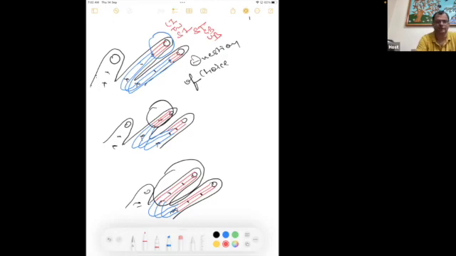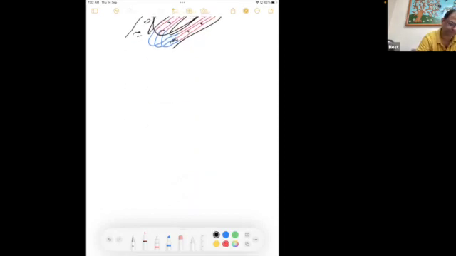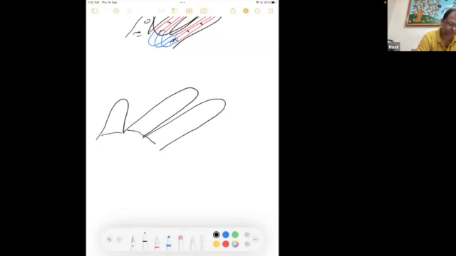Let's talk about the 6 yin meridian also. अब we have talked, this is the one meridian, second meridian, and the third meridian.